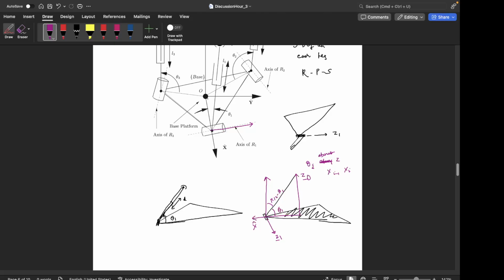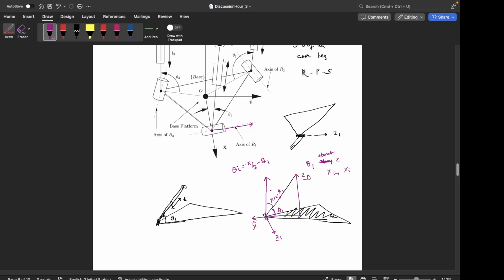So theta i is marked as pi by 2 minus theta 1. And theta 1 is for sure the angle between the base and this prismatic link, what we have drawn here. But rather than taking theta 1, it's mentioned pi by 2 minus theta 1, so they're taking some other reference.